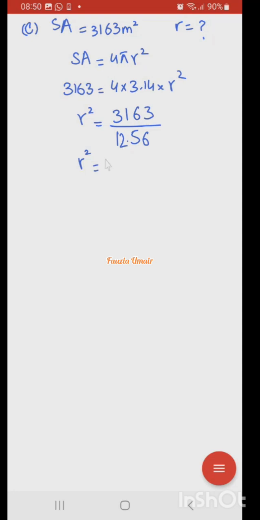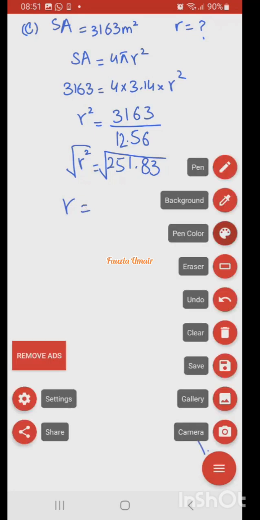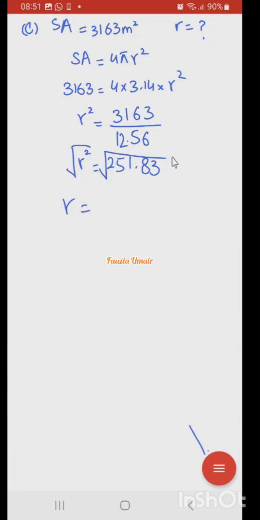What is the answer? 251.83. Now because we need to find out r, we will take square root on both sides. So r will be equal to, now we cannot find the exact value without the calculator. So what we need to do in the paper is find out an approximate answer. So 251 is close to which number? Let's say, 15 square is what?